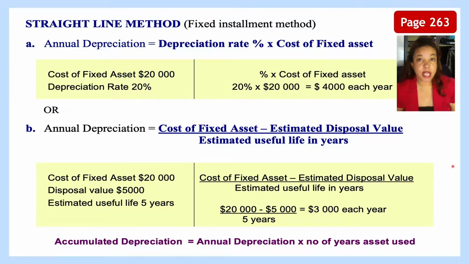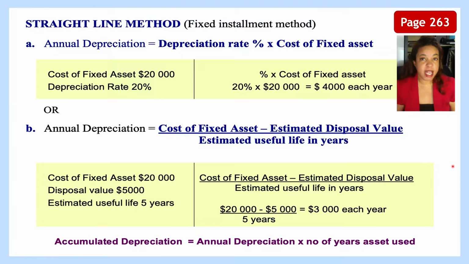So as we had said before, if your estimated or calculated annual depreciation is $4,000, then that means that for every year it will be $4,000 depreciation expense for that particular non-current asset that is entered in your income statement.